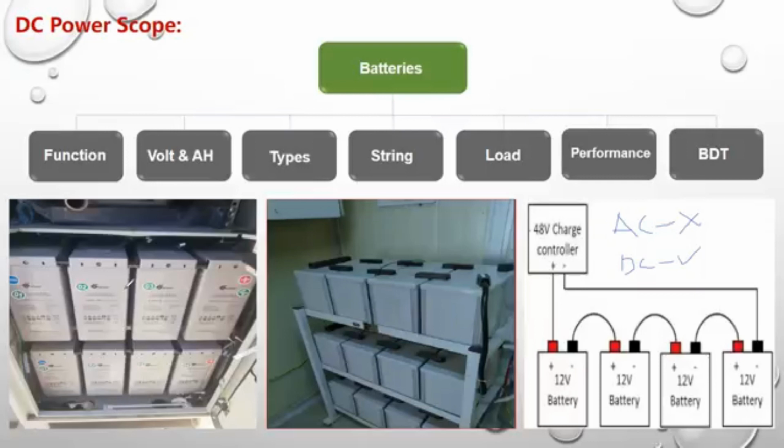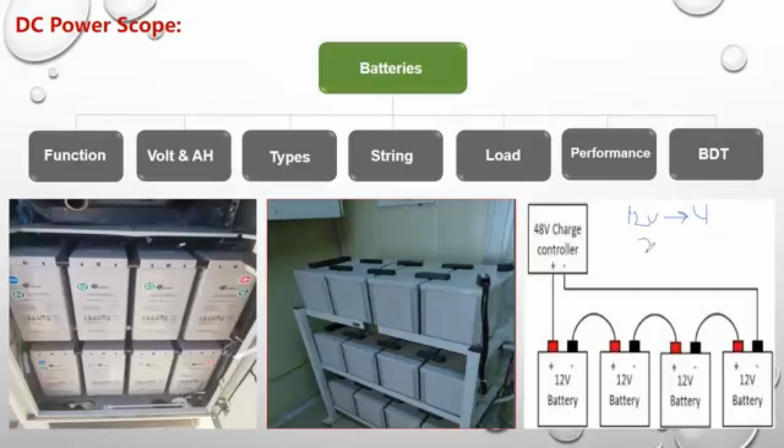So if I have a battery of 12 volts, I can create 48 volt DC. I will need 4 batteries. So if I have 12 volt batteries, I will need 4 of them to be connected to each other.